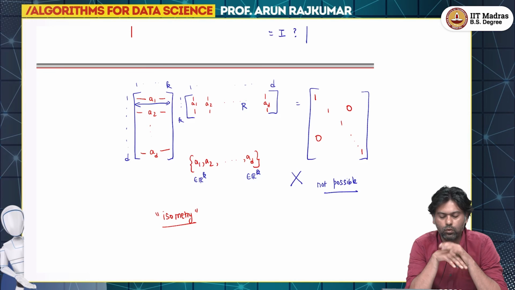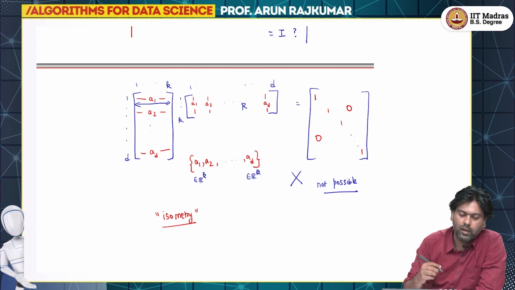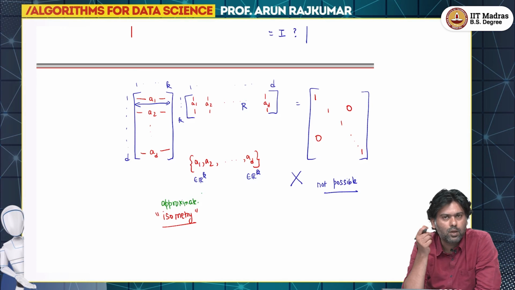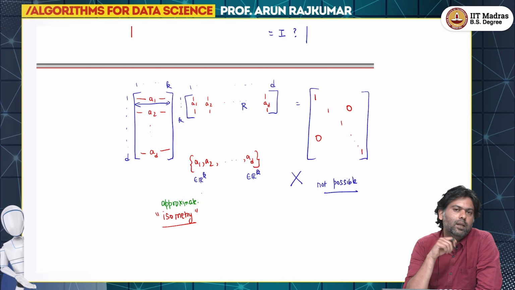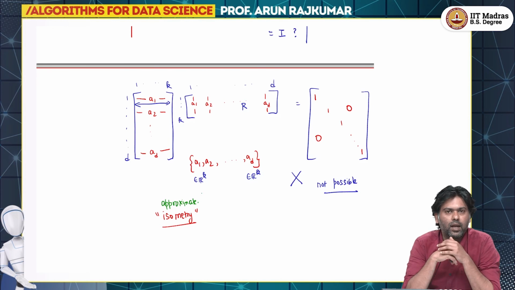It is telling you that you will not get a map that gives you isometry, but you may get a map that will give you an approximate isometry. The JL Lemma has this accuracy parameter, remember epsilon, and all we are saying is that there is a map that will give us an approximate isometry. So that is one relaxation from the stringent condition of isometry that we had earlier.